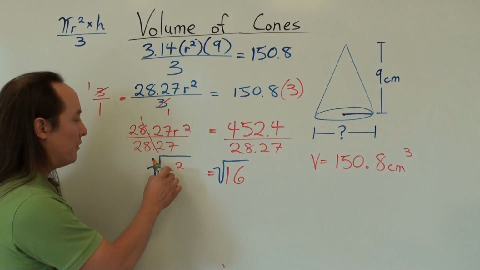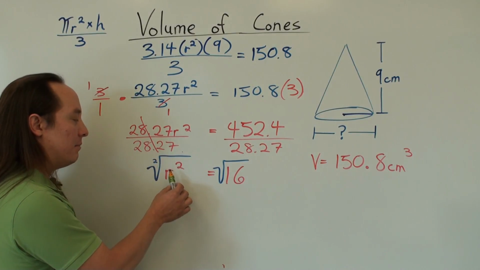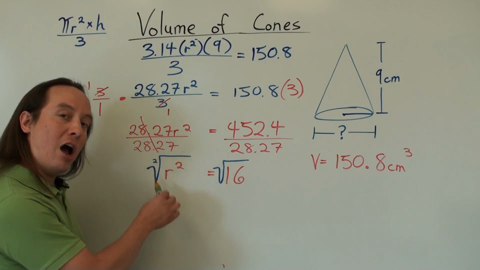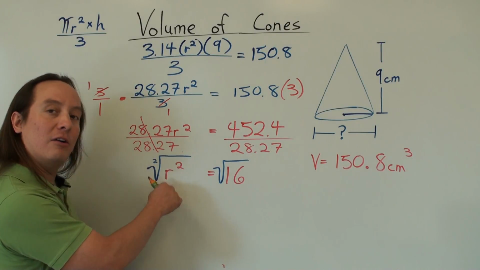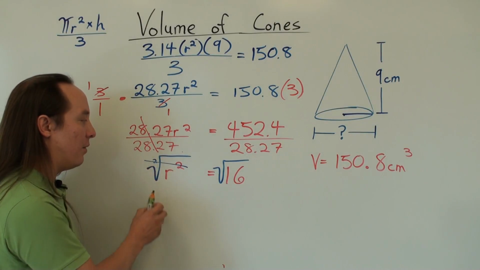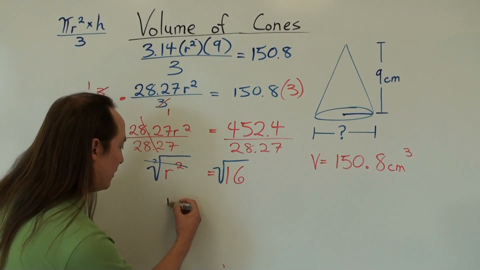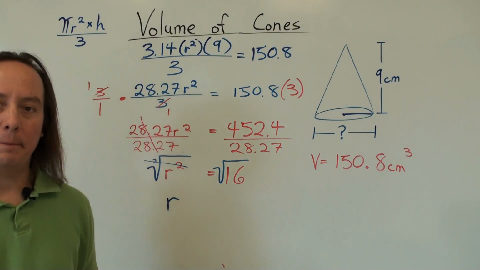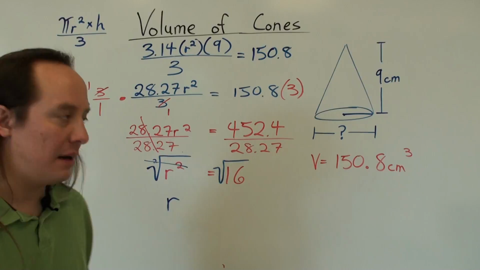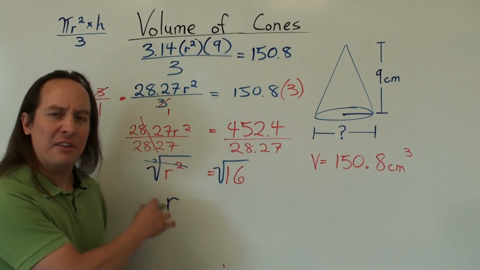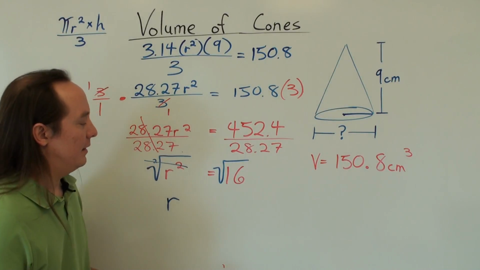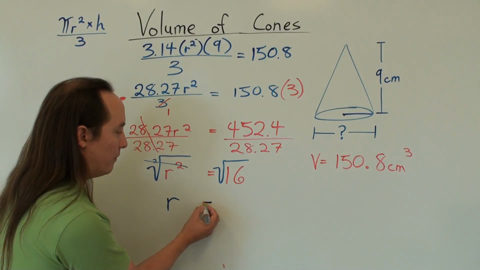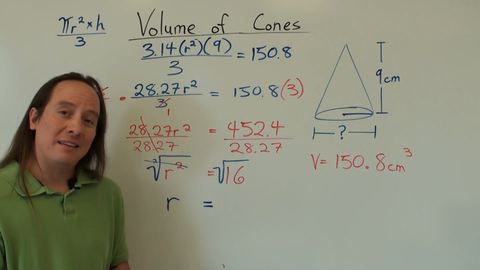But I'll just put the 2 there just so you can see it. And so square root is the opposite of a number like r squared. So they cancel each other out, leaving me with just r. It's a lot of explanation just to say that you put the house over it and then you're left with the r by itself, right? But over here we really have something to show. So the square root of 16 is 4.